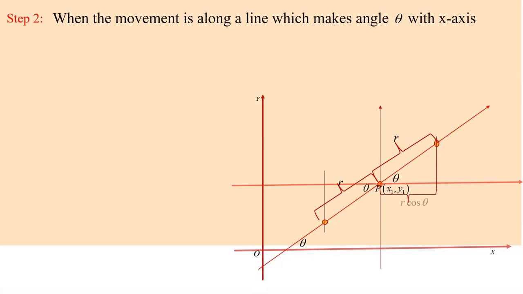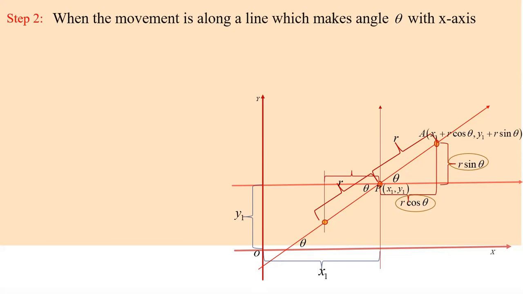This component is r cos theta, and similarly this component is r sin theta. So r cos theta is moving towards the right, and r sin theta is moving towards up. Therefore, according to step 1, the coordinates of point A will be x1 plus r cos theta, y1 plus r sin theta.